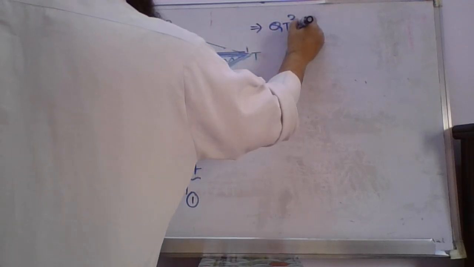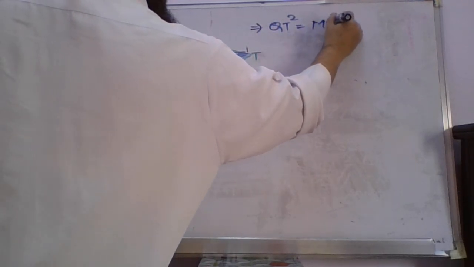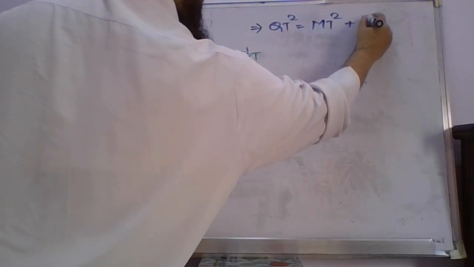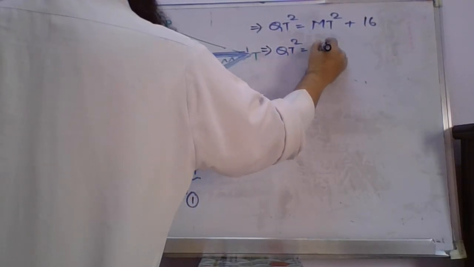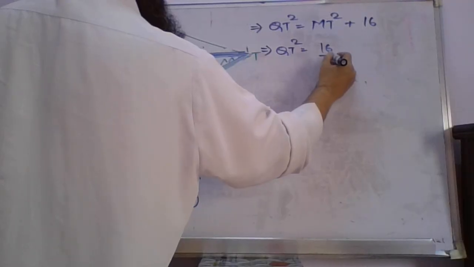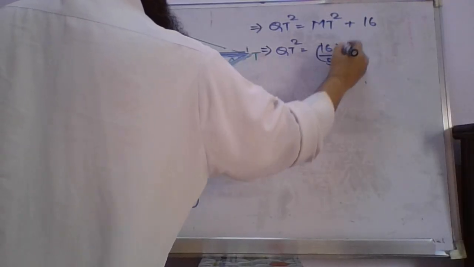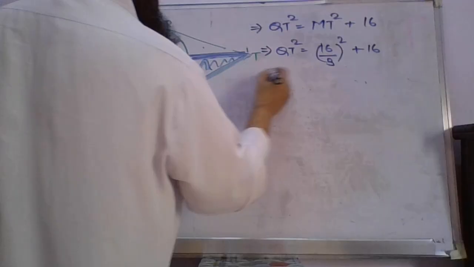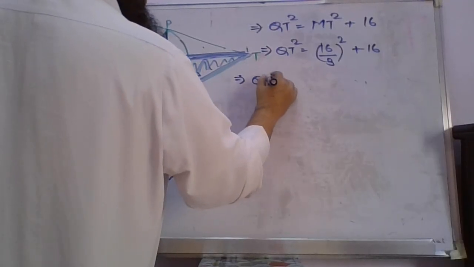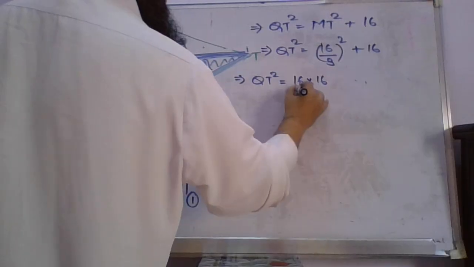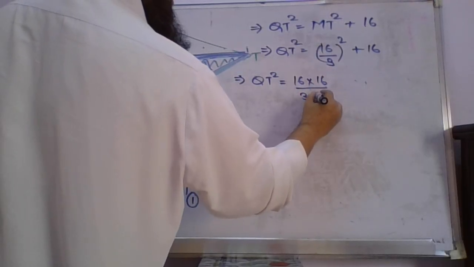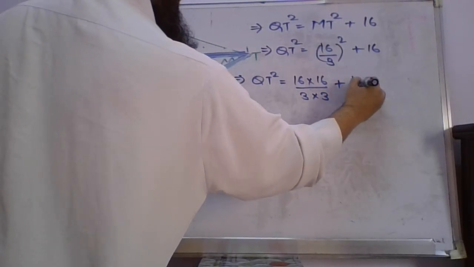QT square is equal to MT square plus 4 square, which is 16. So what is MT square? I got it as 16 divided by 3 whole square plus 16. So that implies QT square is equal to 16 into 16 divided by 3 into 3 plus 16.